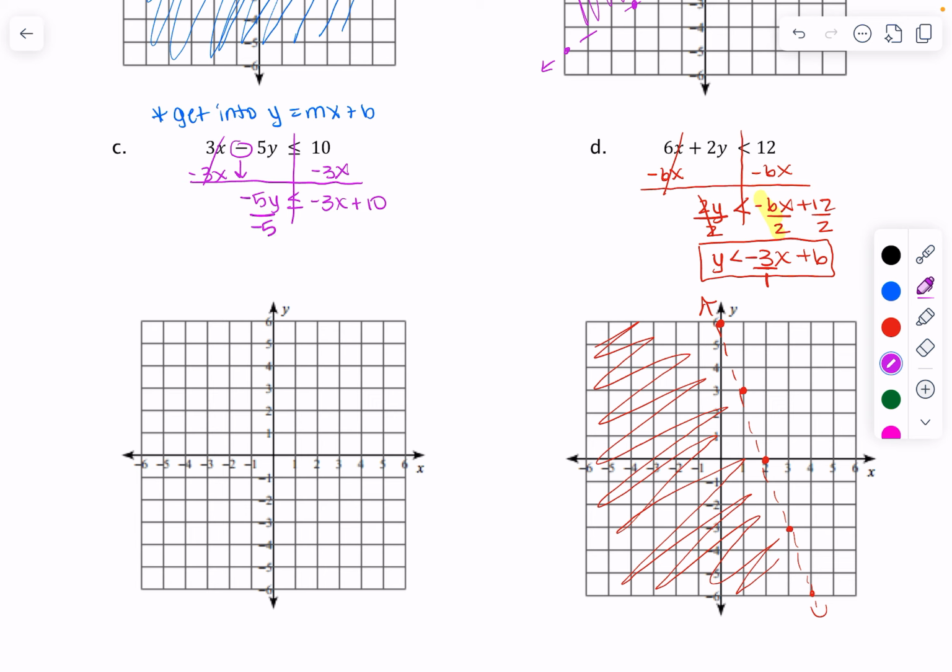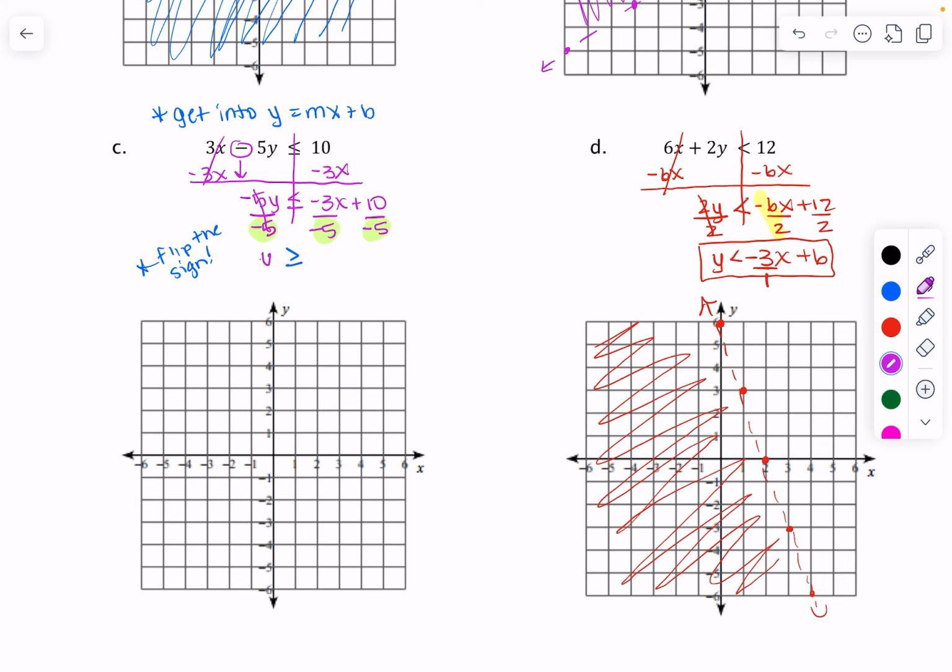I'm going to divide by negative 5, and we've got to remember from Unit 3 that when we divide by a negative, there's a negative down here, what do we have to do with that inequality symbol? We have to flip the sign. So now, instead of a less than sign, I'm going to have a greater than sign.